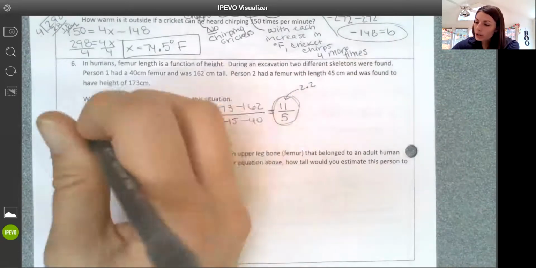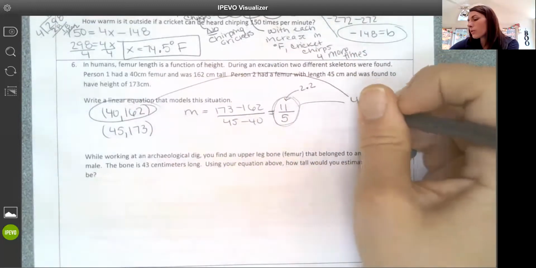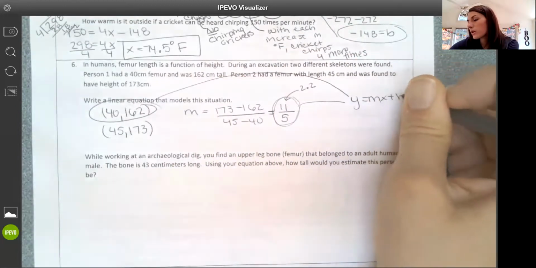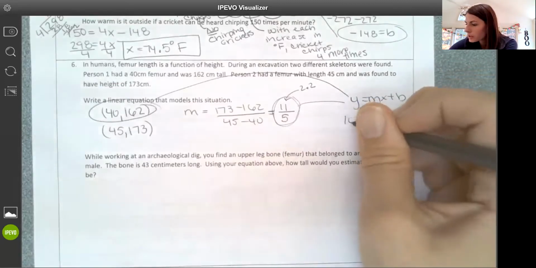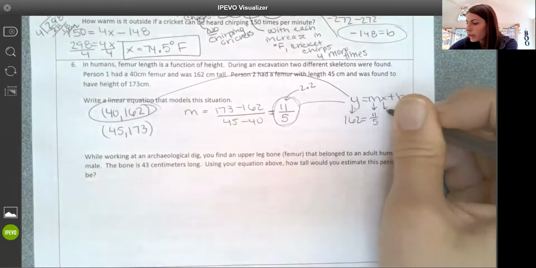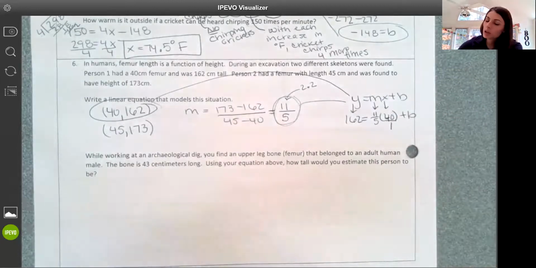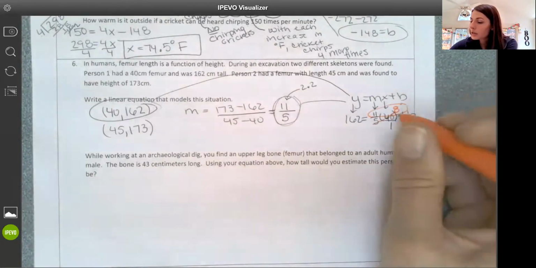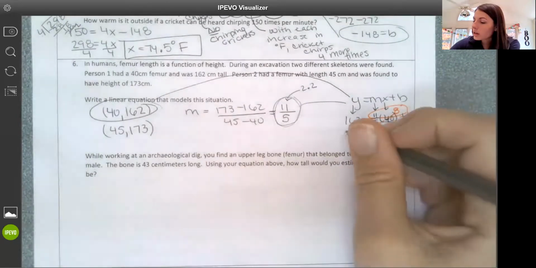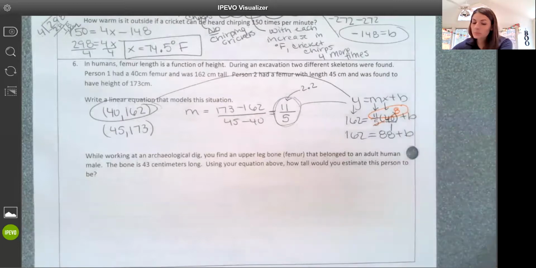And then I'm going to grab a point, and use y equals mx plus b. So I know my slope is 11/5. I'm going to plug in 162 for y and 40 for x. This works out nicely because 40 divided by 5 is 8. 8 times 11 gives me 162 equals 88 plus b.